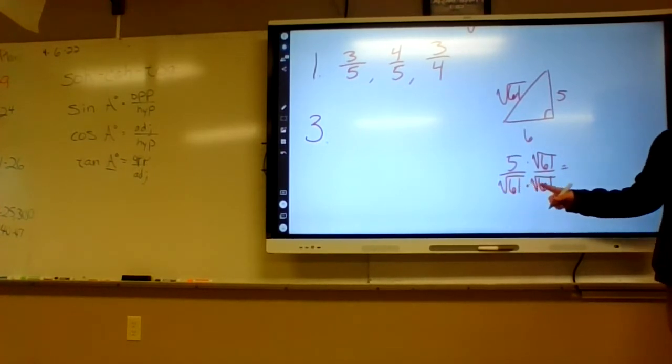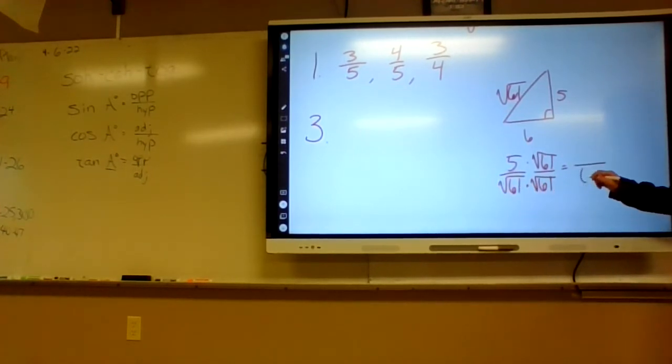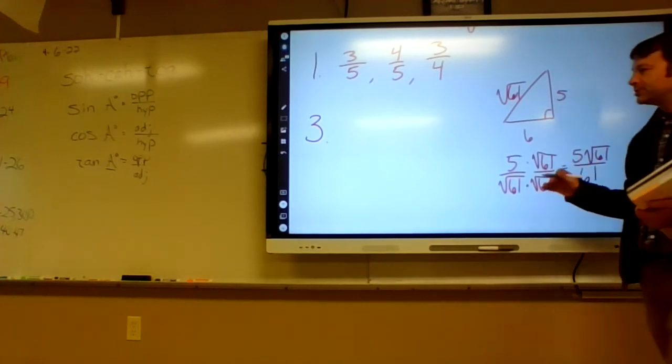Because what's square root of 61 times square root of 61? 61. What's 5 times square root of 61? Okay. So all that does is get rid of the square root in the denominator, which you're supposed to do. If the 5 and 61 reduced here, we're supposed to reduce it. It doesn't, but 61's prime.